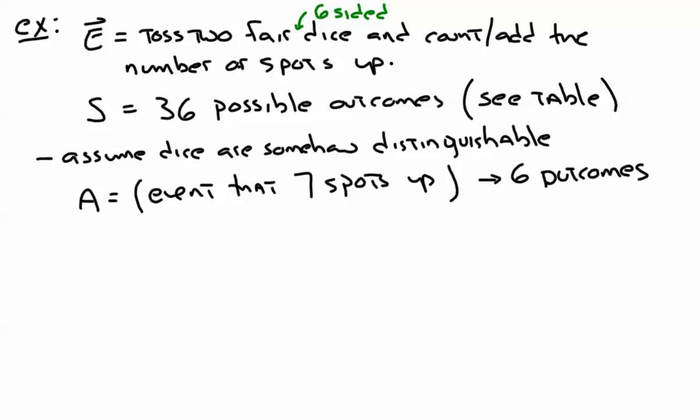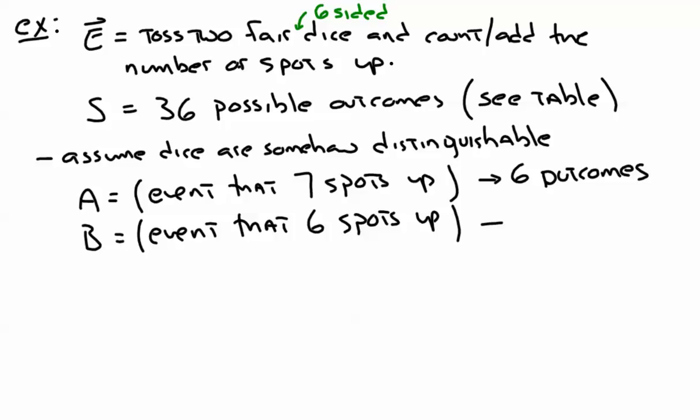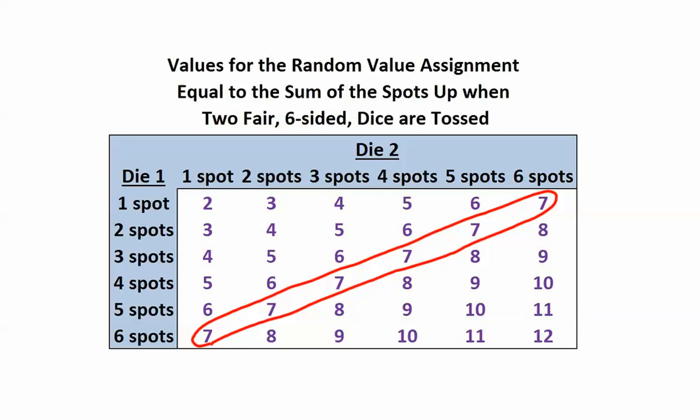Event B is going to be the event that the sum of the spots is 6. There are going to be 5 outcomes. 6 spots up is that event.